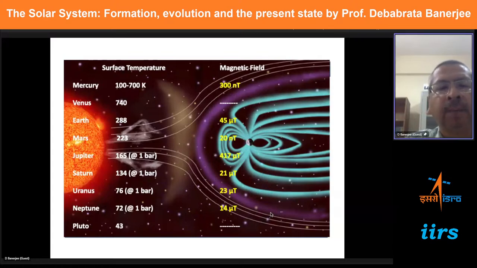Now, for Jupiter, you can see that there are significant magnetic fields for the planets in the outer solar system, of the order of 420 microtesla for Jupiter, and then of the order of tens of microtesla for Saturn, Uranus, and Neptune.